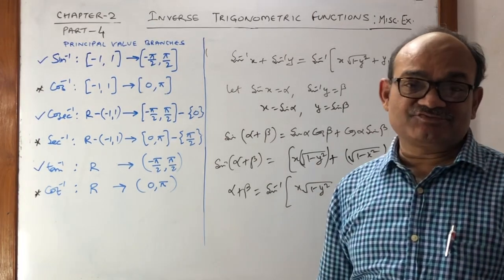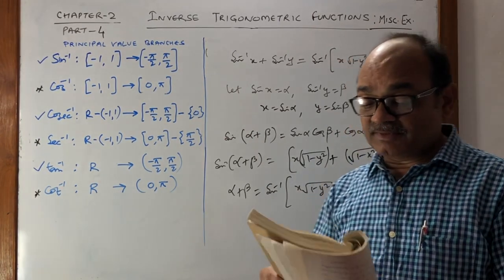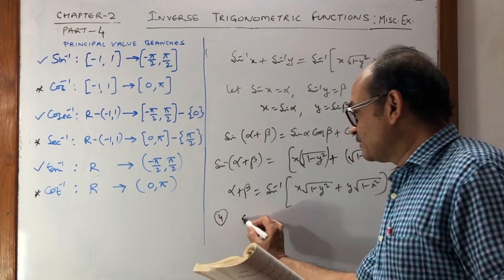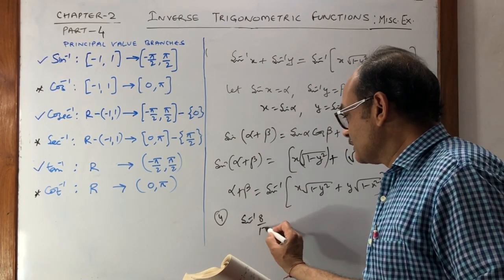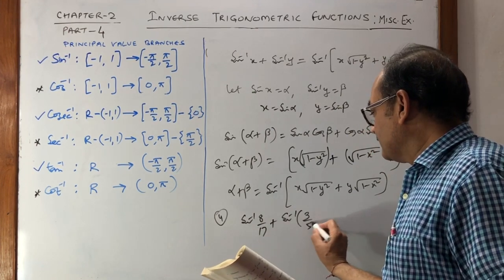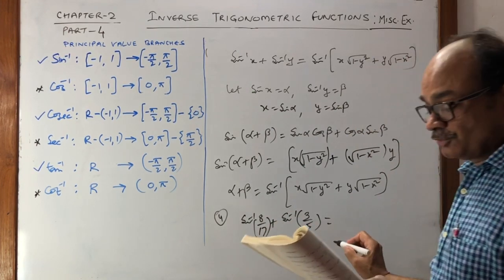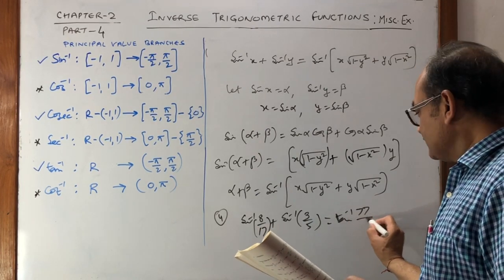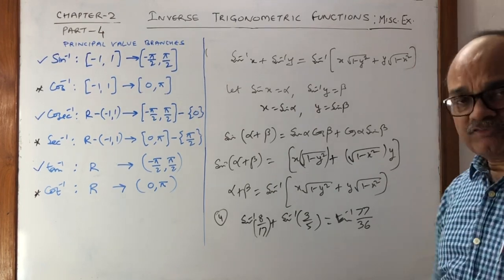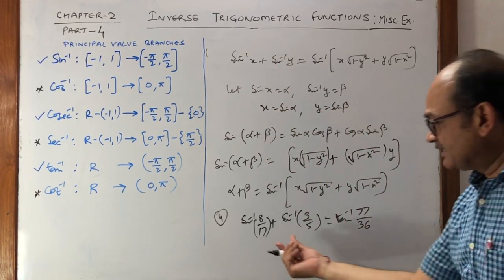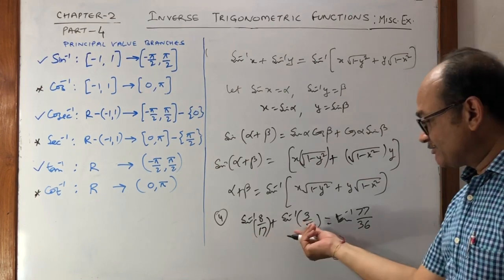Sometimes we have to use this formula. For example, in question number 4, we have to prove sin inverse 8 by 17 plus sin inverse 3 by 5 equals tan inverse 77 by 36. Now, if I want to use only this sin inverse plus sin inverse formula, then easily this one is our x, this one is our y.